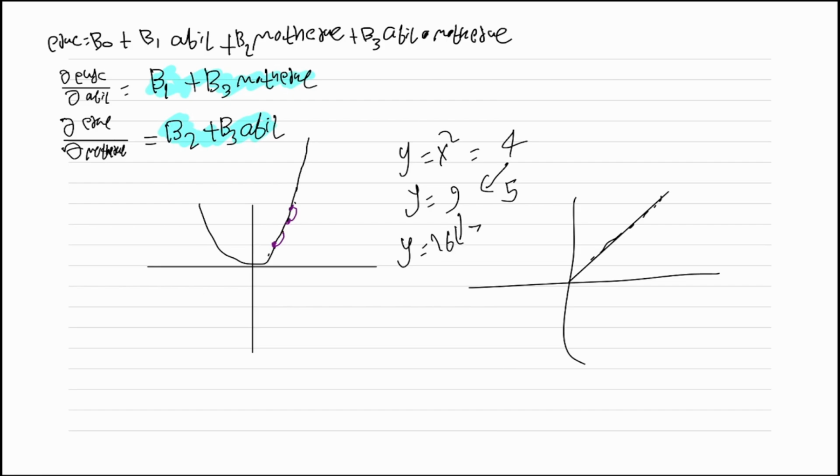From 9 to 16 is 7, right? But let's assume we have 2x plus 1. If I substitute 2, now I have 5. Let's take another number, 3. I have 7. Let's take 4. I have 9. It's fixed, changing by 2 when I increase by 1 unit.